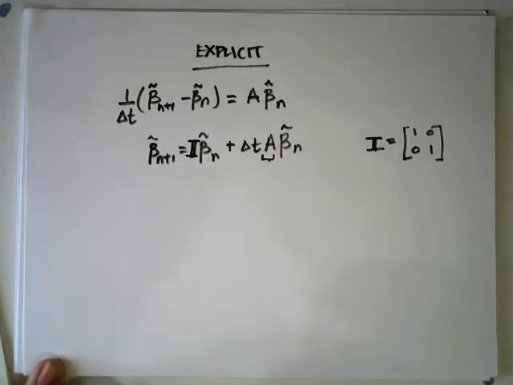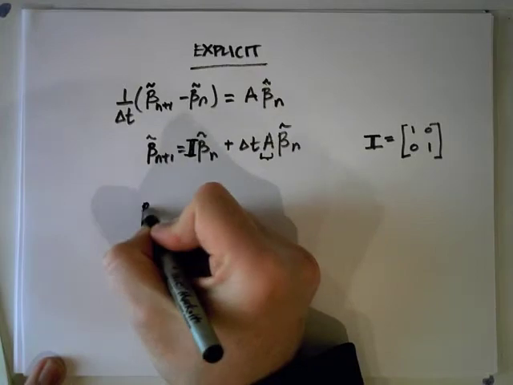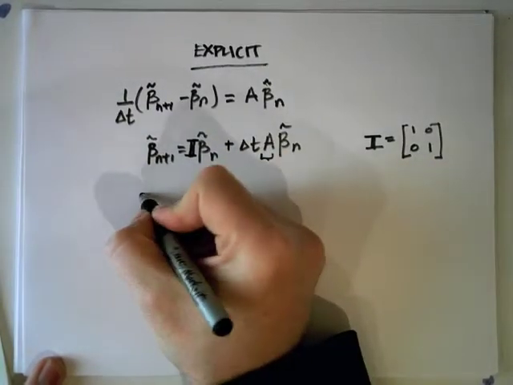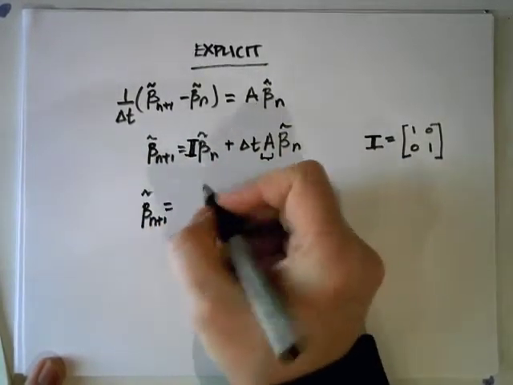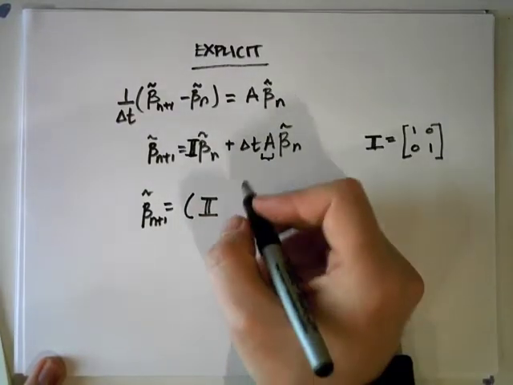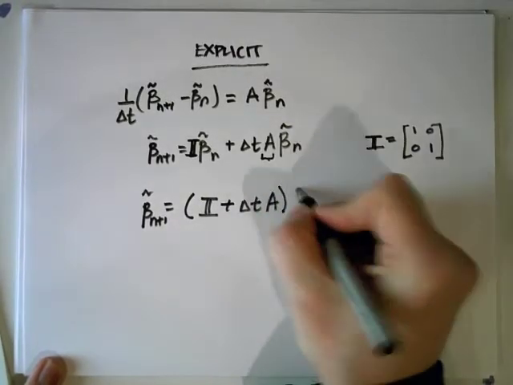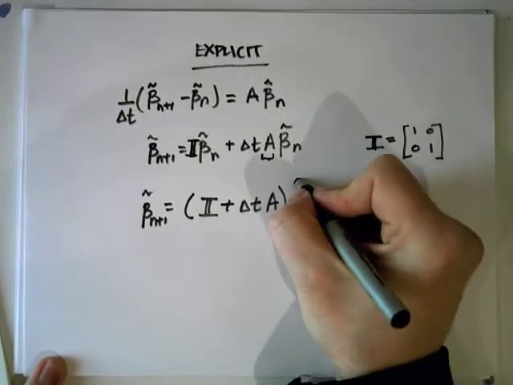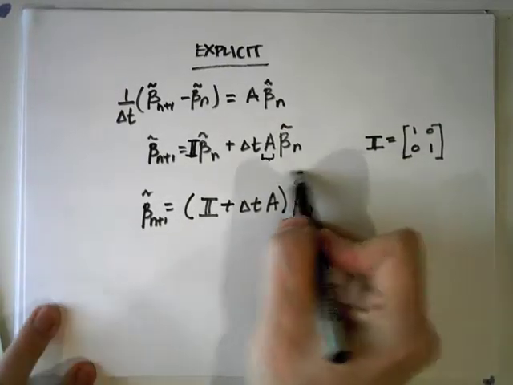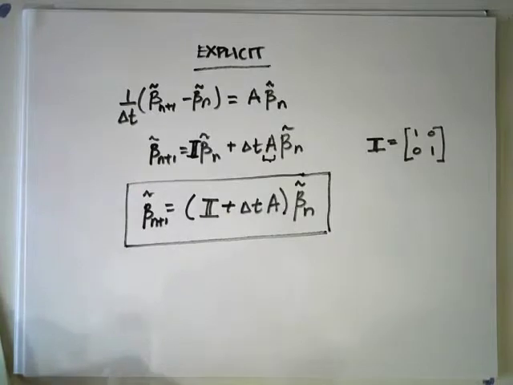It's like multiplying by 1, right? You multiply by the identity matrix, you get the vector back. It's easy enough to verify. So now, here's my minor point, is that I could write this as this identity matrix plus delta t A, and there it is. Okay, so there's my recursive relationship.